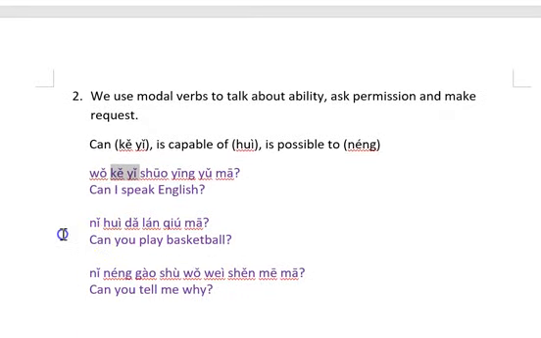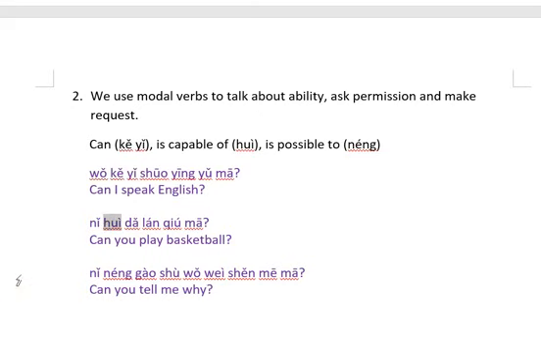The second example, 你会打篮球吗? Over here, I can also translate that sentence into can you play basketball? However, this time you are inquiring about your friend's capability of doing that sport. In this case, we have to use a different Chinese modal verb, which is 会.